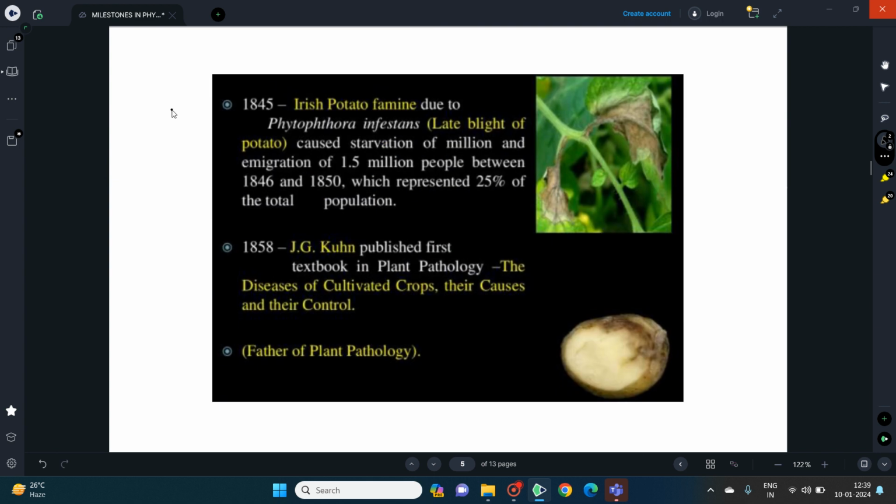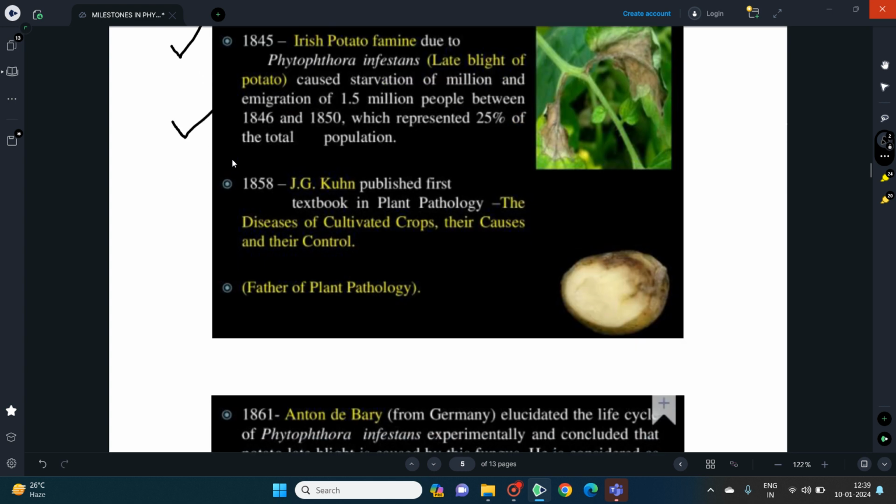In 1845, the Irish potato famine occurred due to Phytophthora infestans, which causes late blight of potato, leading to the starvation of millions and emigration of about 1.5 million people between 1846 and 1850, which represented 25% of the total population.